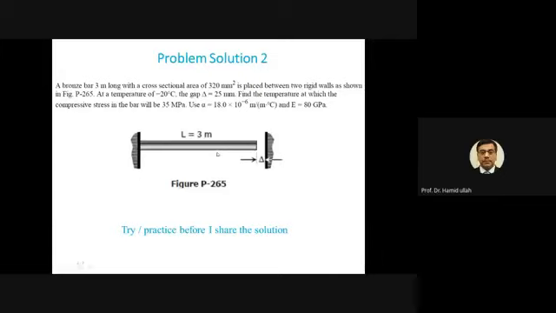Because you are increasing temperature, the body wants to elongate, but there is something from the right side which is blocking its expansion. So there will be thermal stress produced in the body. So very simple.